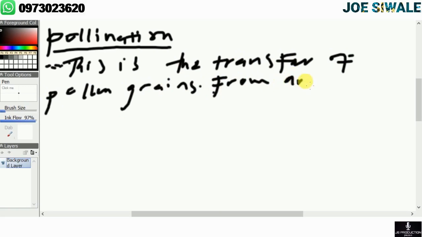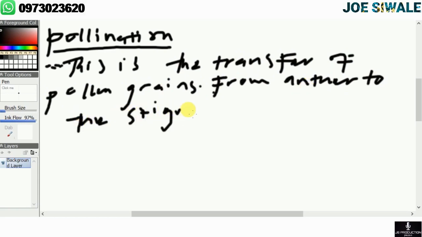So when the pollen grains are transferred from the anther to the stigma, that is referred to as pollination. And sometimes you can be asked to define pollination in the exam. So that's the simple definition of pollination.